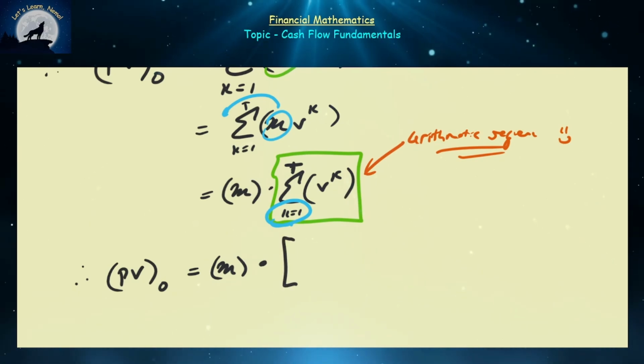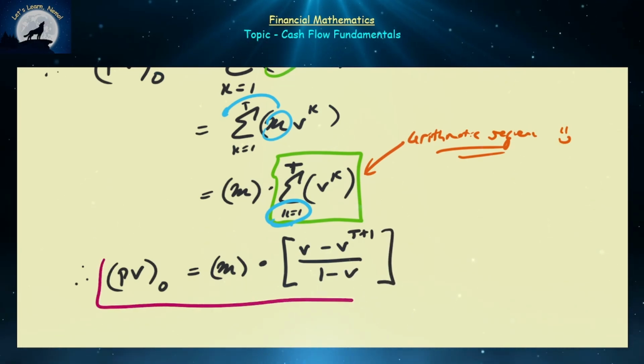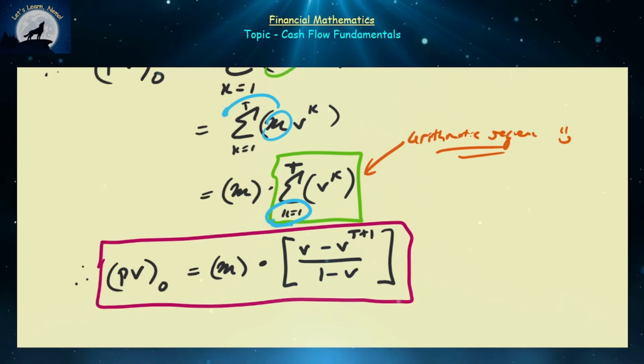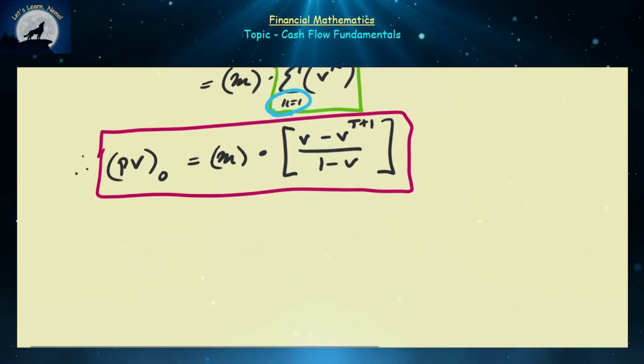So you should remember that that's just going to be equal to nu minus nu to the power of the upper bound plus 1, all over 1 minus nu. That's one of the very important properties associated to finite sequences. So that is how you find the present value in closed form for a uniform sequence of transactions.